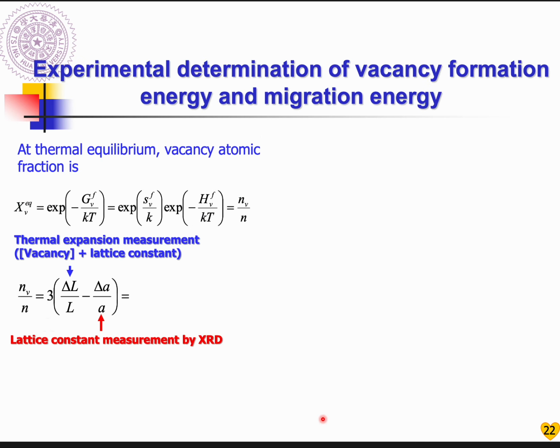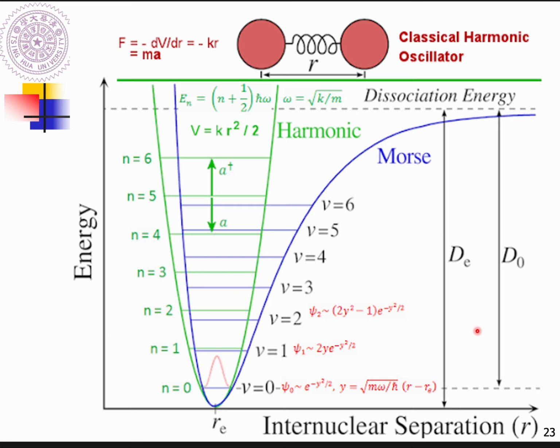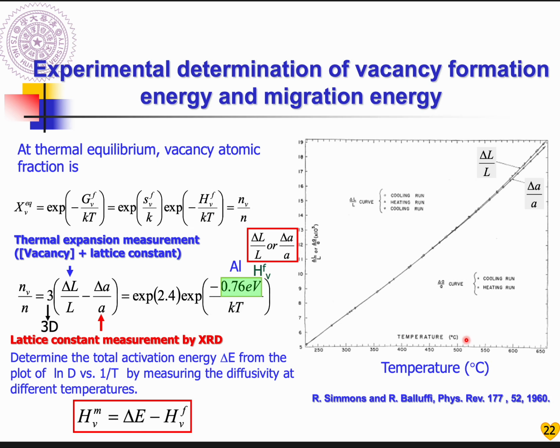So this is how the story goes. We want to determine the total energy delta E by plotting log D versus 1 over T. Then you can get the vacancy migration energy. So this is the full story. Okay. So today we end here.